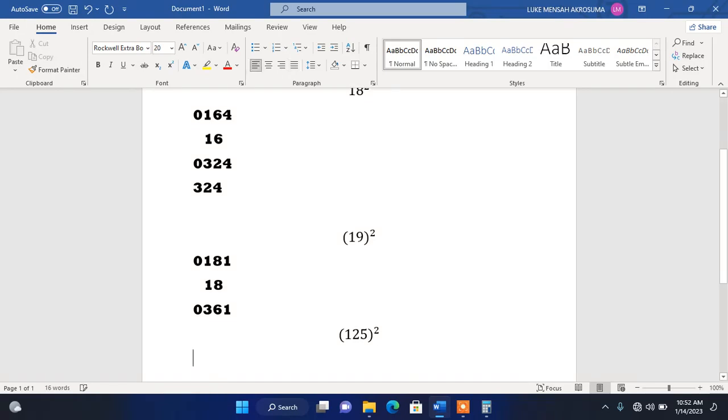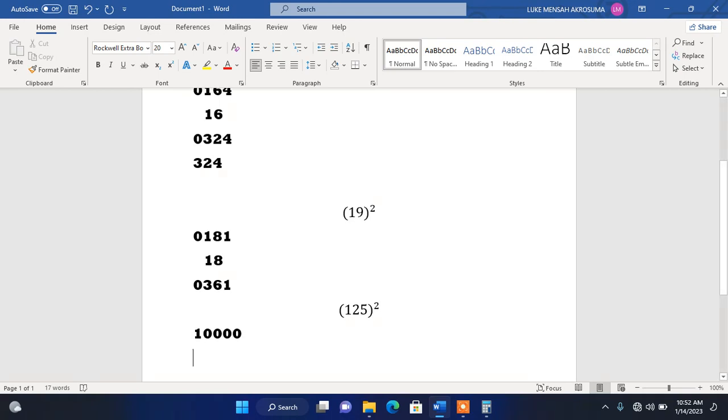Similarly, we find the square of the first number, but in this case, we make reference to the value of the number itself. So what is the square of 1 here? The value of 1 here is actually 100. The square of 100 should give us 10,000. So we write that. Then we come for the square of 25.